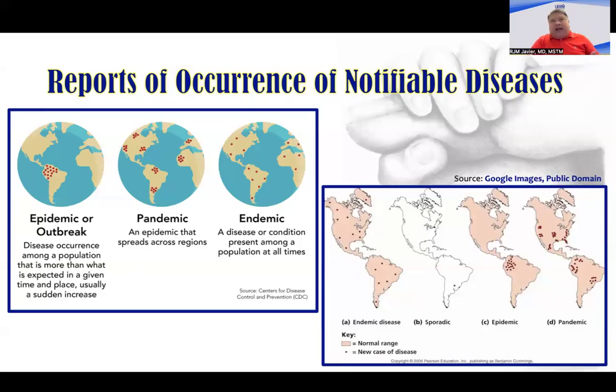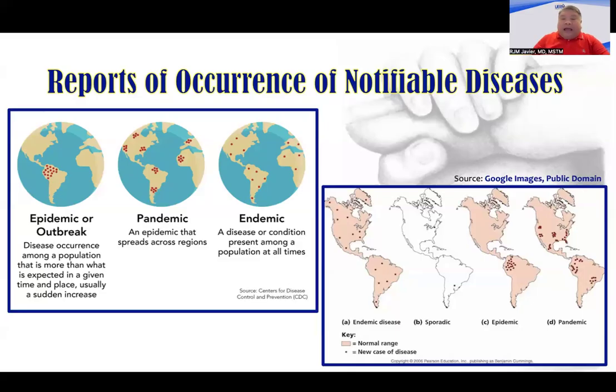So if the incidence of malaria in Palawan is, let's say, 50, if I see 50 cases of malaria in Palawan, I would say, oh, that's the norm. That's the usual pattern. But if I see 50 cases in Metro Manila, that's an epidemic because malaria is not endemic in the National Capital Region.